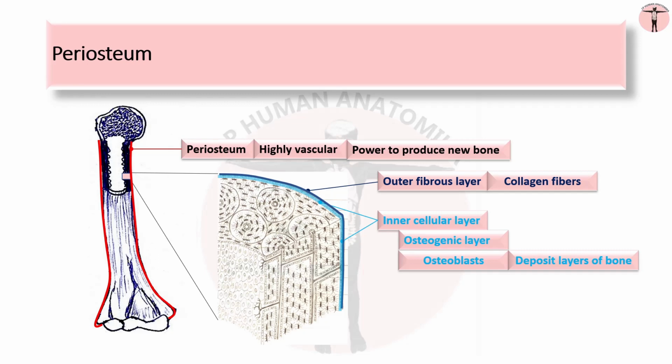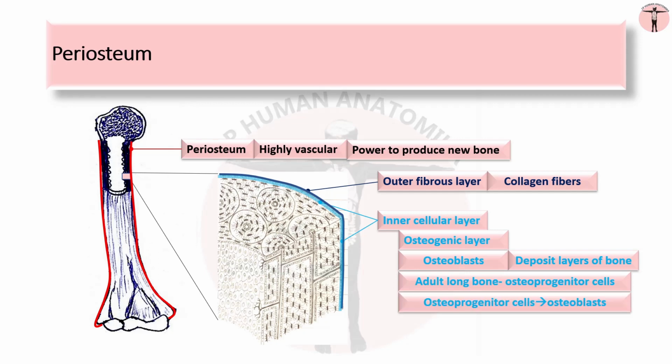In adult long bone, osteoprogenitor cells are present, and when need arises, as in case of fracture, they convert themselves into osteoblasts. Periosteum covers the whole bone except the articular surfaces of long bone in synovial joints, where it is reflected from articular margins to the joint capsule.